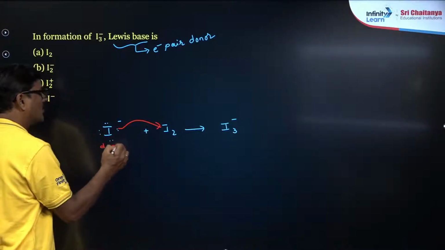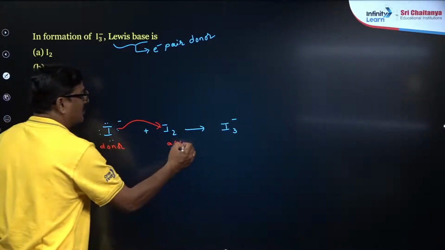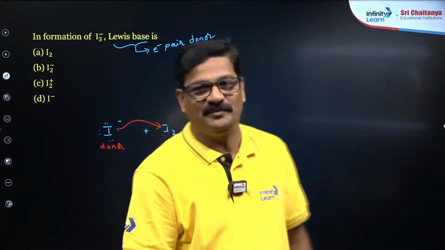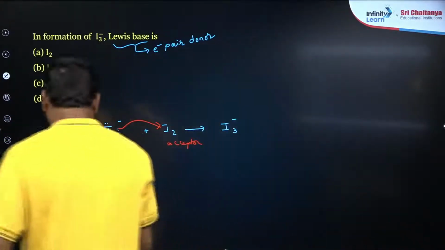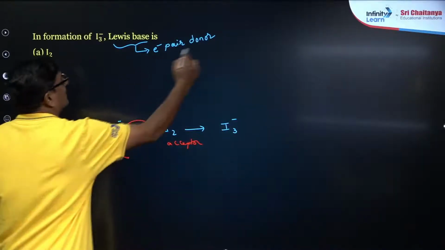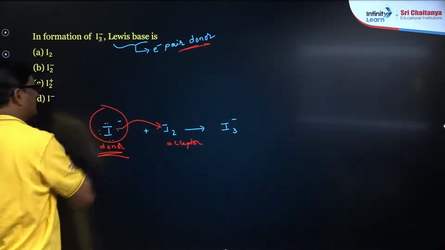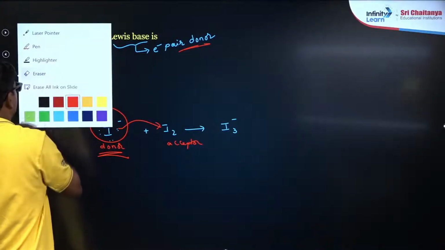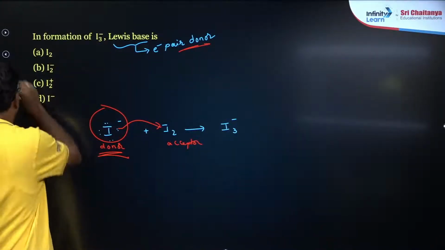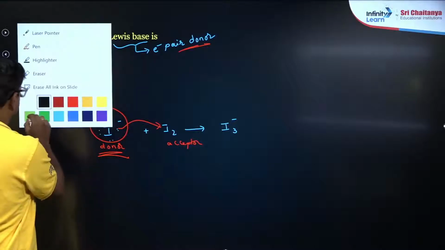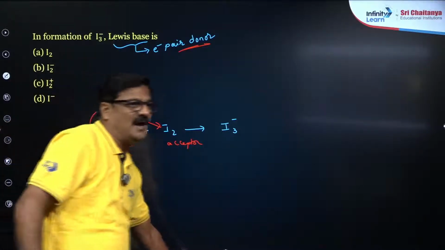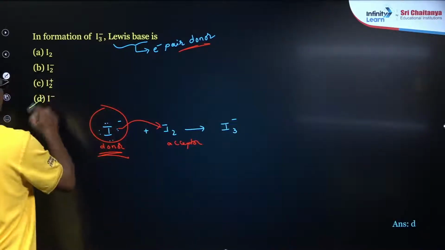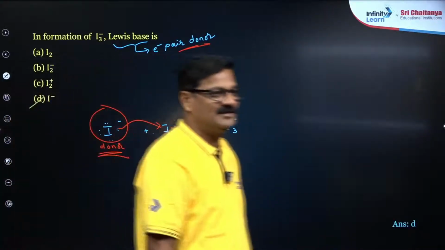It is the donor, and I2 is the acceptor. So what does donor mean? It is a Lewis base. So I just want to say I minus is the Lewis base, and the answer here is going to be I minus. Got it? Clear?